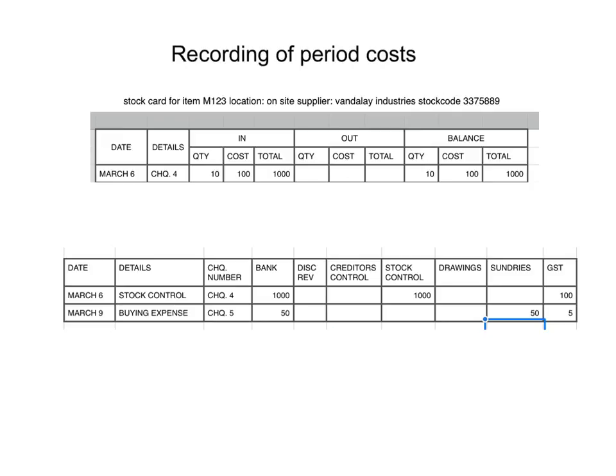In the cash payments journal, it gets recorded because it's still a cash transaction. However, you'll notice in this case, it doesn't go in the stock control because it's not an increase to the value of the asset. It's an expense. So because I don't have a buying expense column, I would put it into the sundries column.